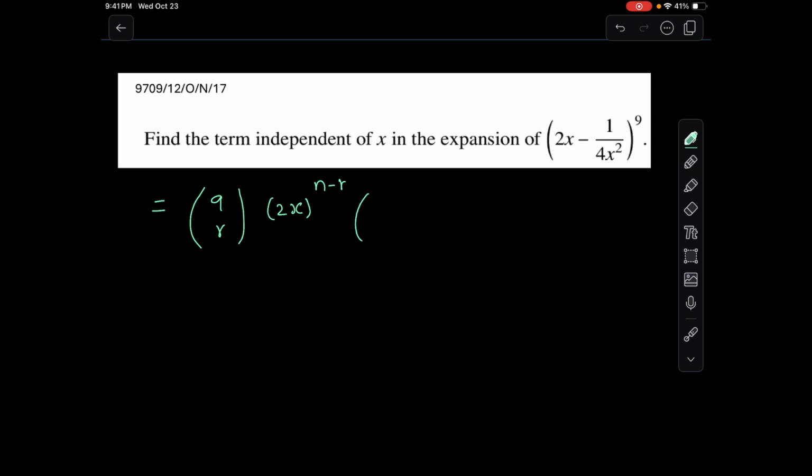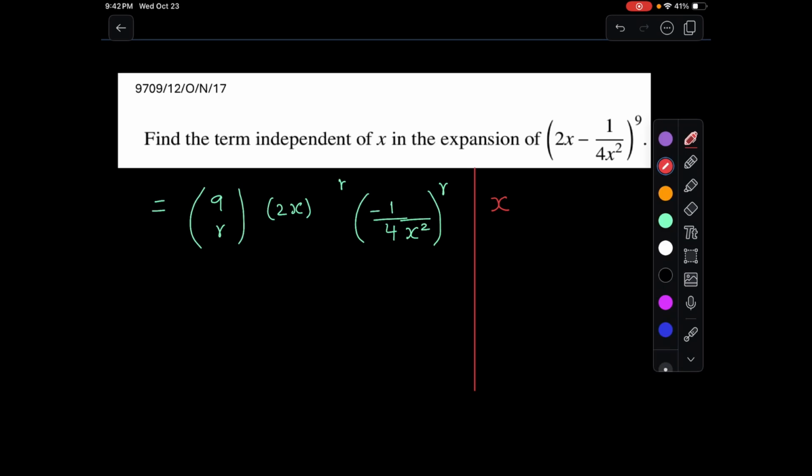n minus r, minus 1 over 4x square to the power of r. Again, let us set up an equation with r. I'm just going to do it on the side so that you can see quickly. So we're having x to the power of n minus r. I may rewrite this as 9 minus r. 9 minus r times x square, which is in the denominator.